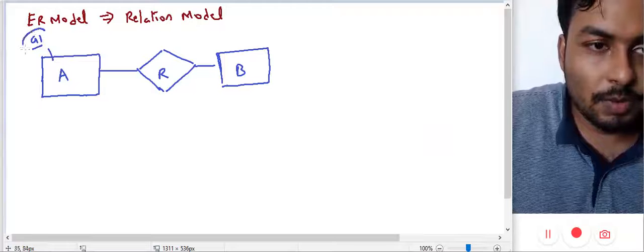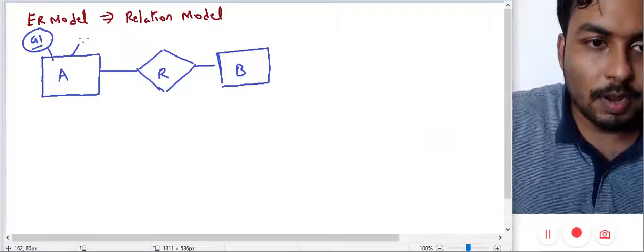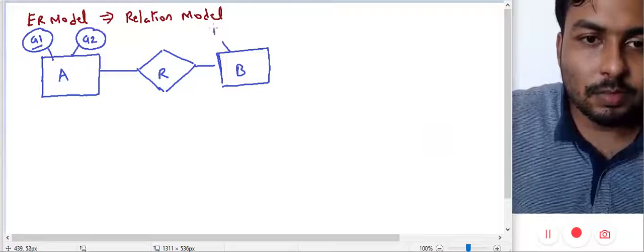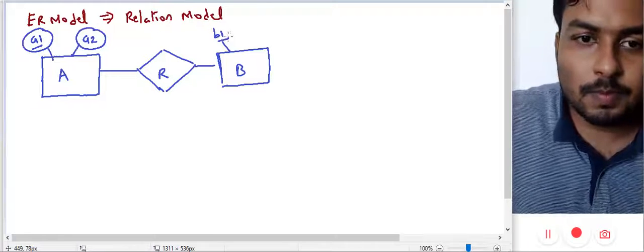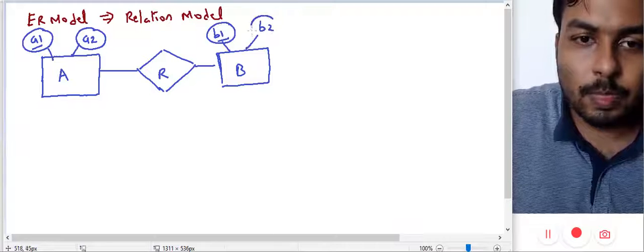A1 is a key attribute. It has A2. B has B1 as the key attribute, and there's one more attribute, B2.